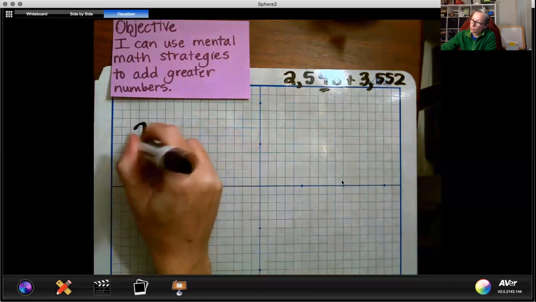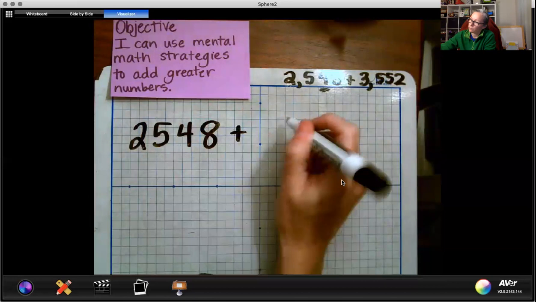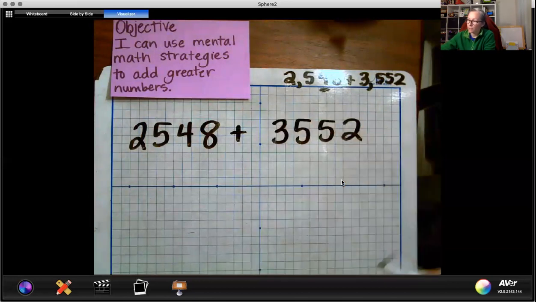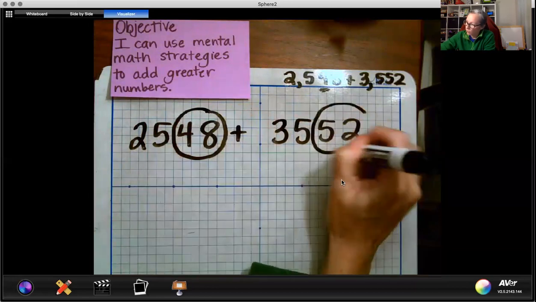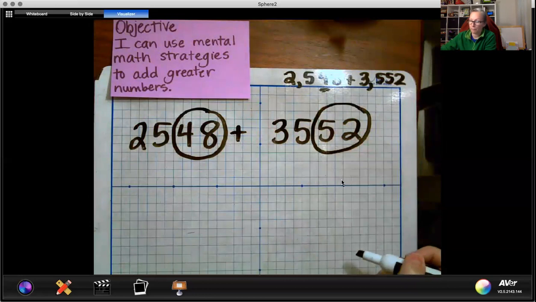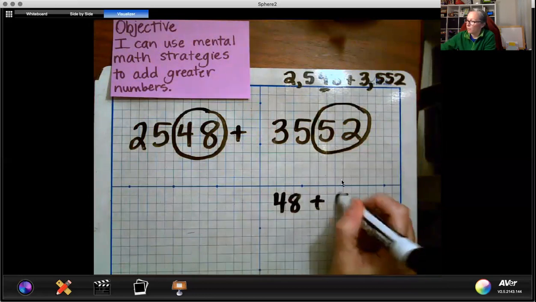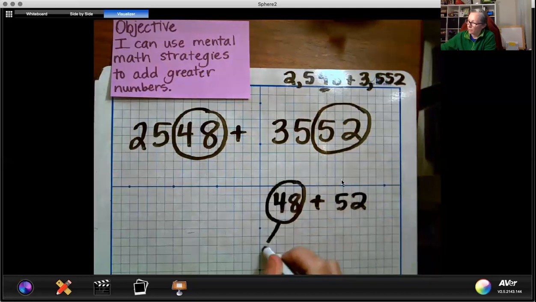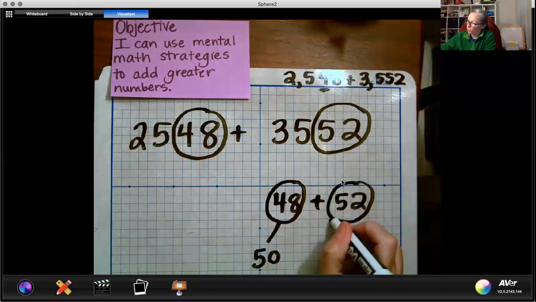So I'm going to write these a little bit bigger. And the first thing that I noticed is 48 and 52 would go together friendly because 48 plus 52, I immediately saw I could make this a 50 by getting the 2 from over here.